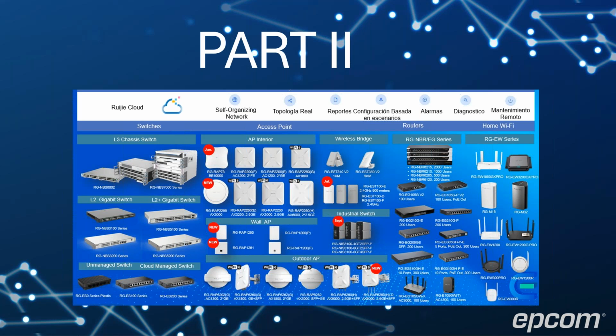And we will show you some of the key features of the brand. As we can see here in this image, we have a lot of devices, a lot of range to choose what we need in our network.